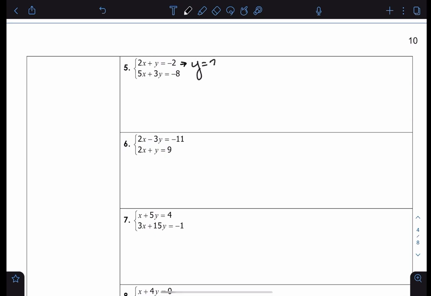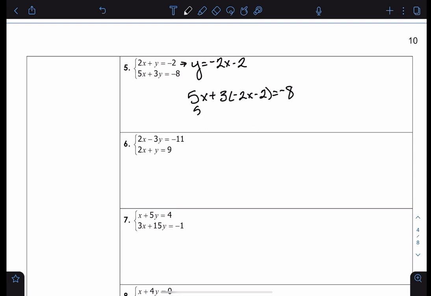We can now write this as y equals -2x minus 2. Since this is now in a simple form, we can plug it into our second equation. So we will now have 5x plus 3 times (-2x minus 2) equals -8.